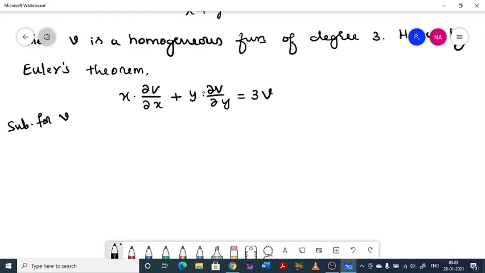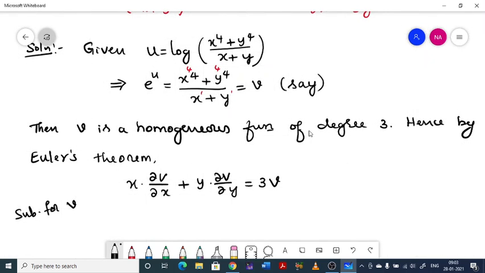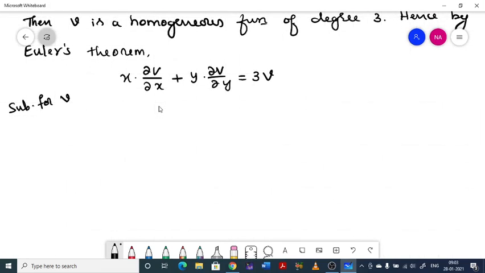Don't substitute v equal to (x power 4 plus y power 4) by (x plus y). Substitute v equal to e power u. So we get x into dou by dou x of e power u plus y into dou by dou y of e power u equal to 3 into e power u.